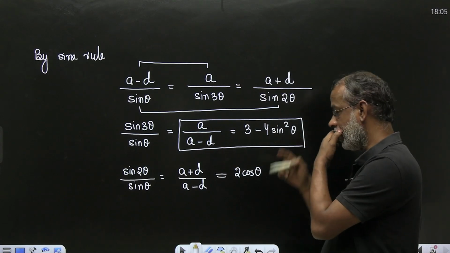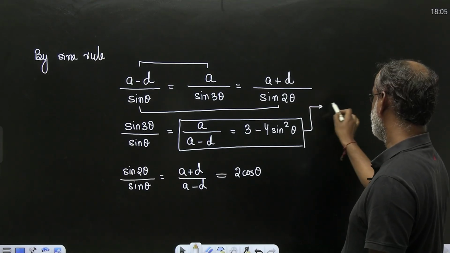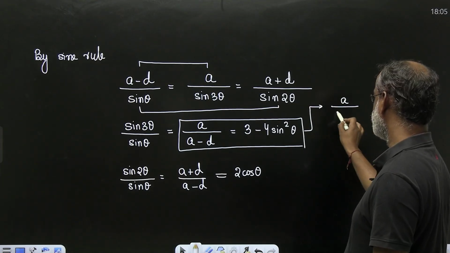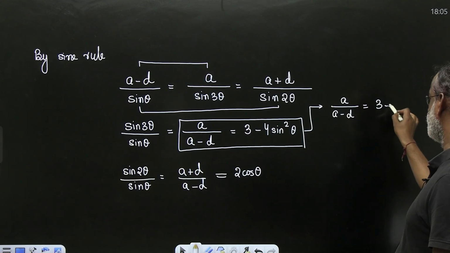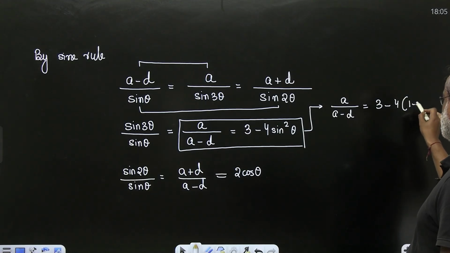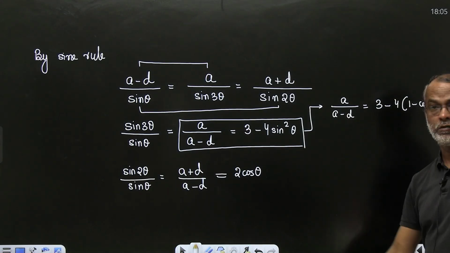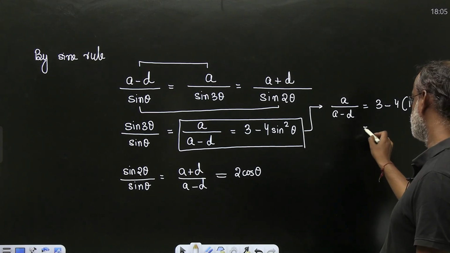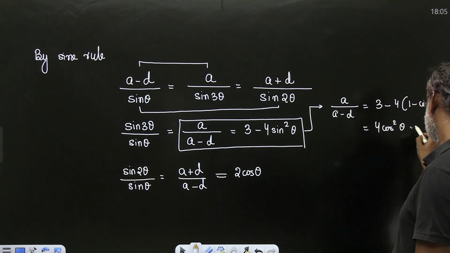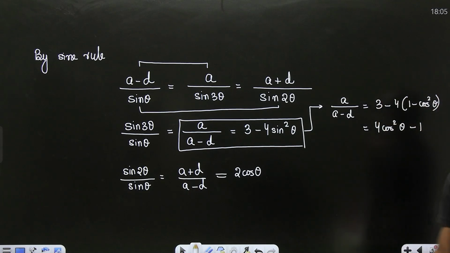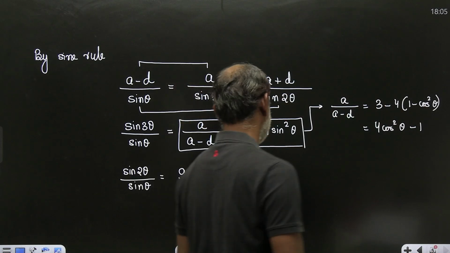So incidentally, we here have sine square theta. So what we are going to do is that here we will write this as A upon A minus D is 3 minus 4 into 1 minus cos square theta. So this is 4 cos square theta minus 1, 2 cos theta whole square. So what is 2 cos theta?